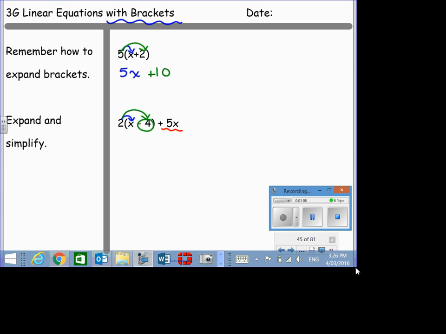We don't do anything with that additional 5x until we expand. So we're going to expand first. So we'll have 2x, and then 2 times negative 4 is negative 8. And then once I have my brackets expanded, I can bring down additional terms.